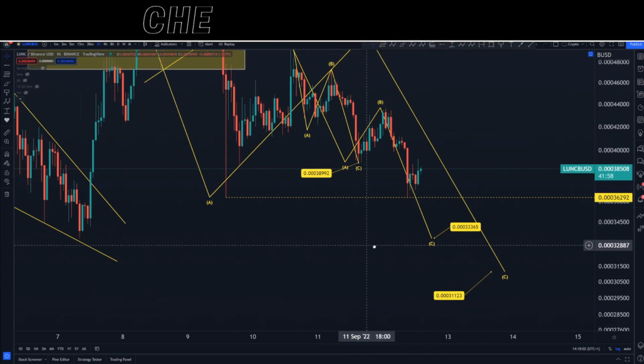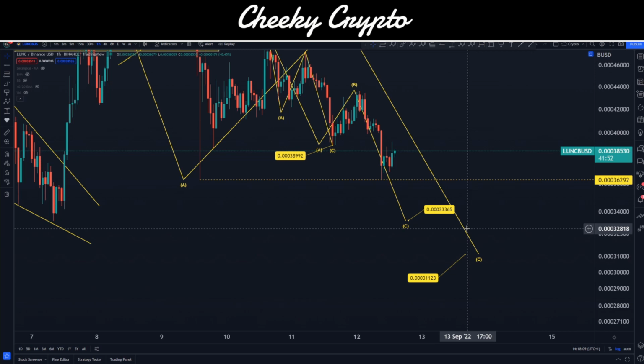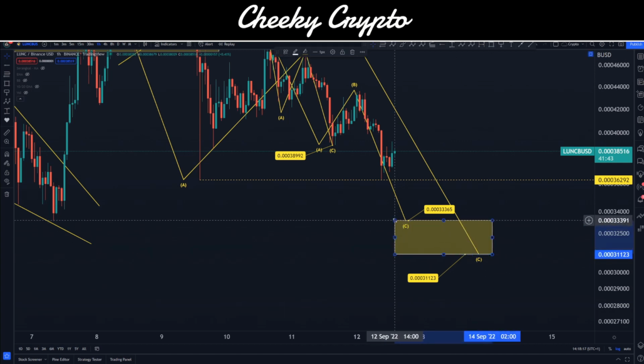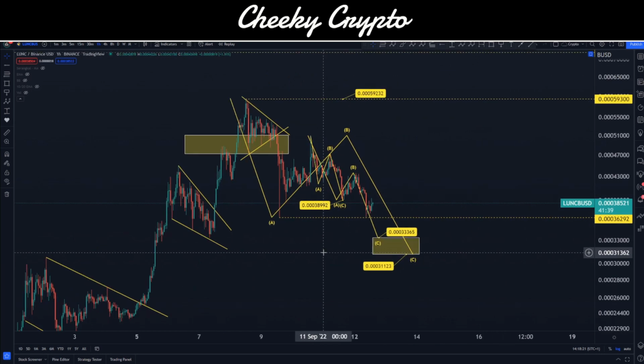So I'm going to remove that for now. We're looking somewhere probably between the range of 0.00033365 and of course 31123, somewhere in that range. And just for the sake of it, I'll put a little rectangular box in there as well so we know what that is. That's that expectation.